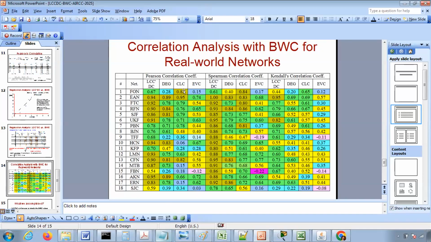And again, this is based on Pearson's, which is prediction linear correlation, and then the global ranking Spearman's based correlation, and just a pairwise concordance. And with respect to all these three correlation coefficient metrics, we see the LCC prime DC to be strongly correlated with betweenness centrality compared to the other centrality metrics.